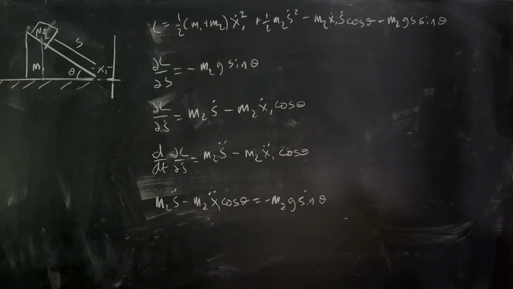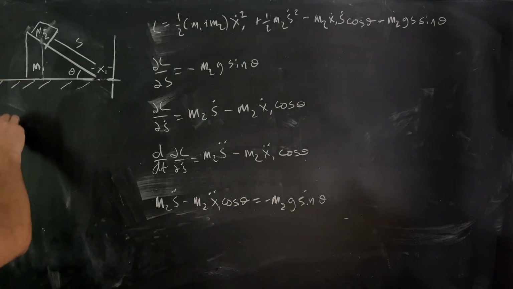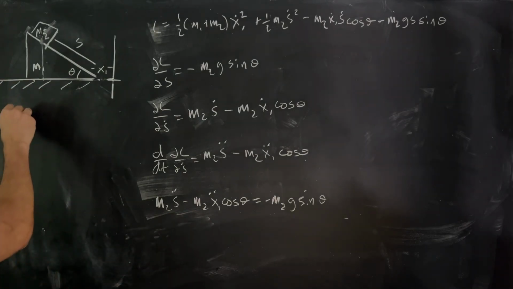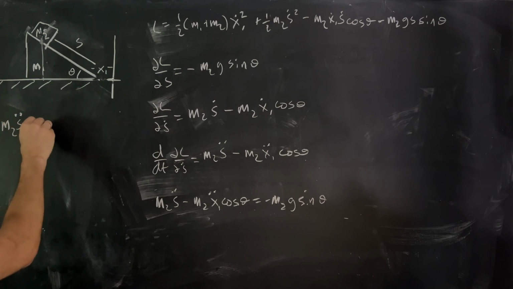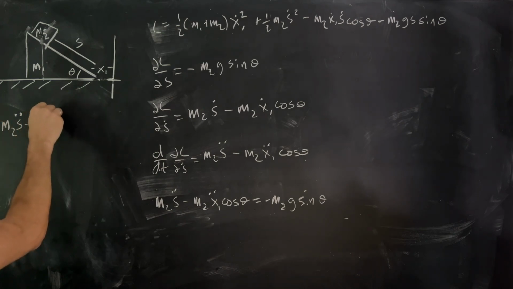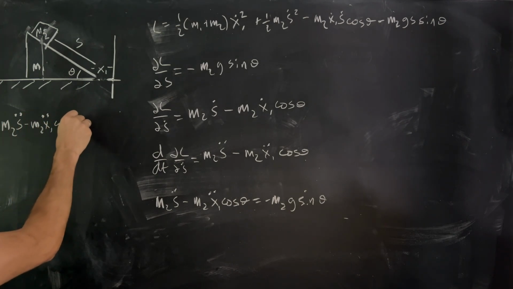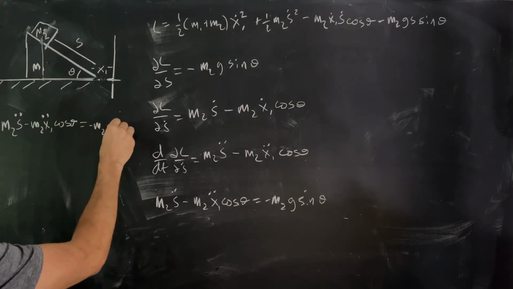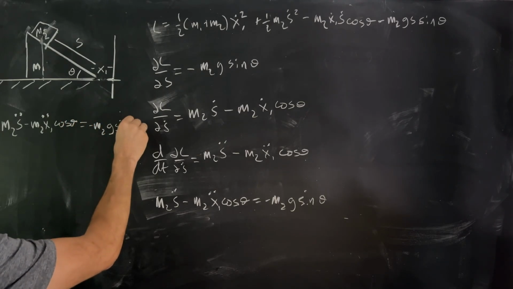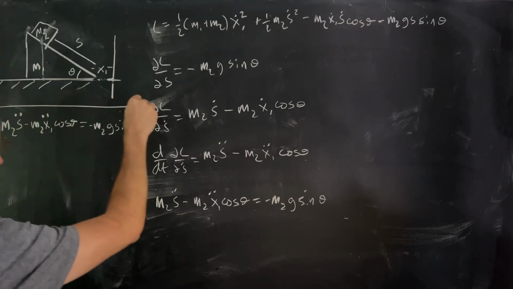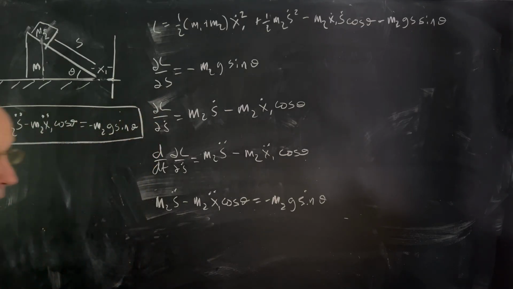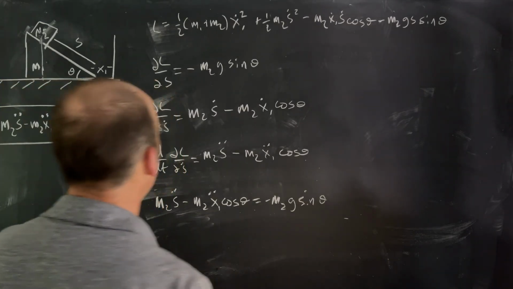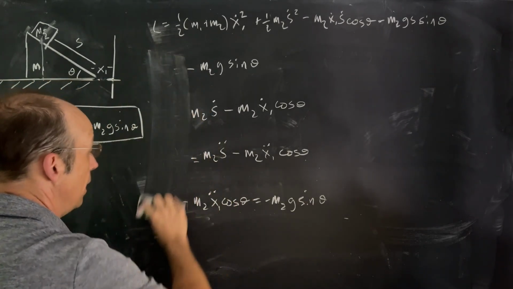I'm going to rewrite it over here so it's out of the way: m2 s double dot minus m2 x1 double dot cosine theta equals negative m2 g sine theta. I'm going to put a box around it to protect it. Now it's protected. Now we can go back up to our Lagrangian and do the x.